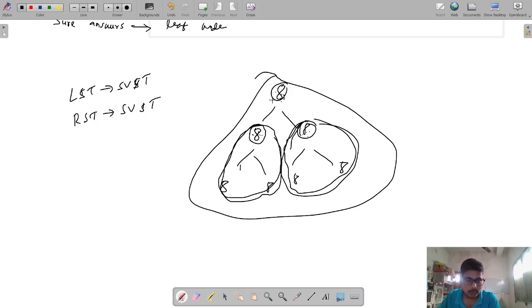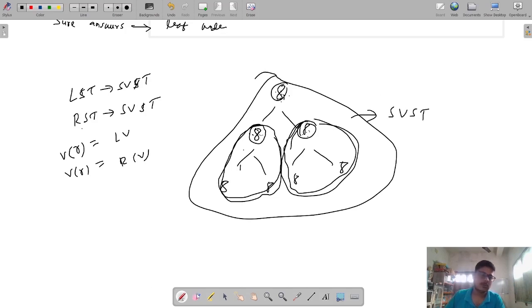So this will be equal to all its subtree values, right? I need to check only that this value is equal to this value, and this value is equal to this value. So the value of the root must be equal to the left value, and the value of the root must be equal to the right value. I hope you understood that. Then I can say that this total tree is a single valued subtree, right? I hope you understand.